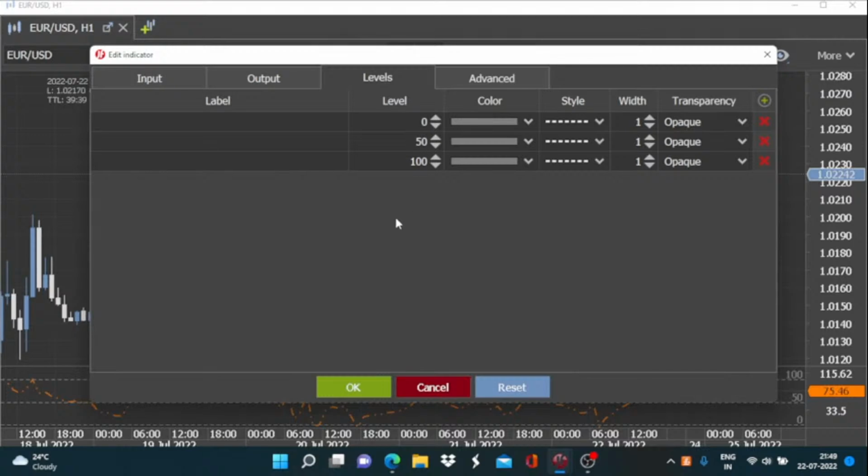So we have three levels which we consider critical. If you want this combination to be altered, you can do that. You can change the style, you can change the level. Now I am going to change this lower band, and as I am bringing it closer to the middle point, you can see that.